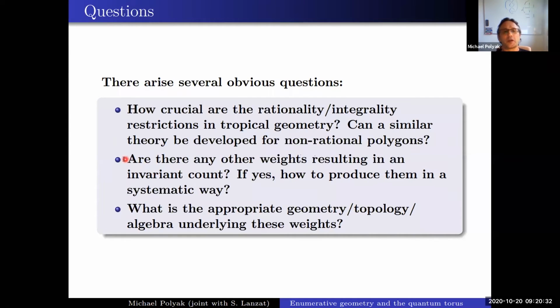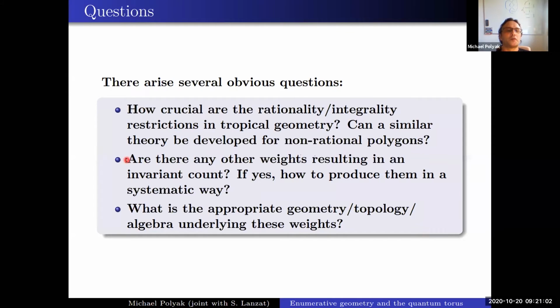And then, of course, you can also ask, suppose that we manage to find such a generalization by dropping these rationality and integrality restrictions, and we try to count curves with certain weights, then you can of course ask, why these weights? Are there any other weights?